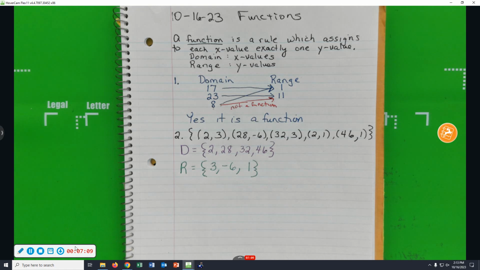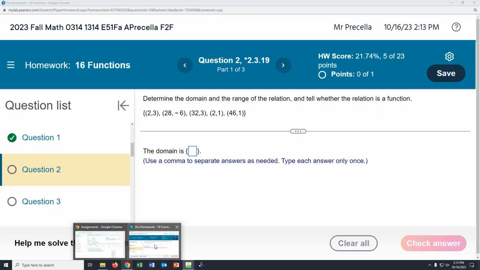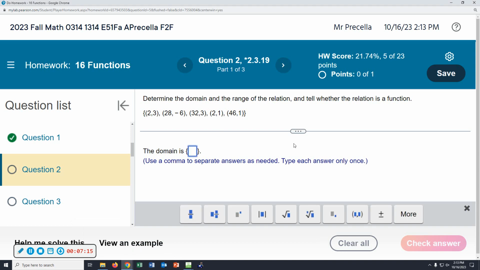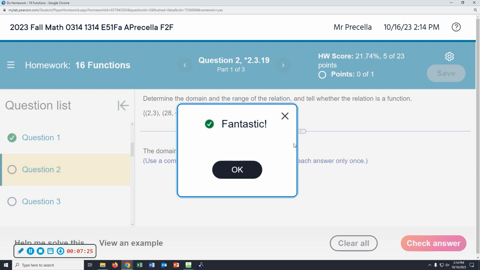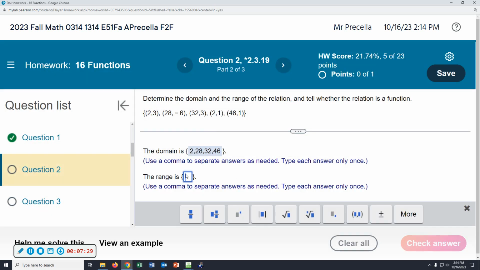So let's type those in. 2, comma, 28, comma, 32, don't forget the commas, 46. Okay. And the range: 3, negative 6, 1.